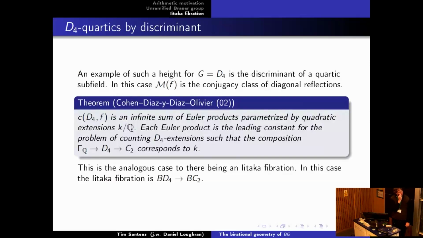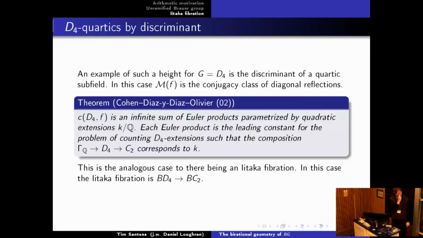But you can have more pathological behavior than just some finite sum of Euler products. There's a theorem due to Cohen, Diaz y Diaz, and Olivier: if you count D4 extensions, each of which contains two quartic subfields, you fix one, and then you count by the discriminant of this quartic subfield.